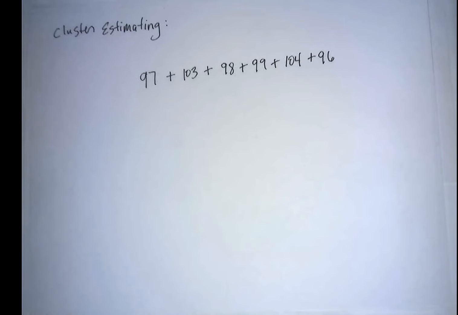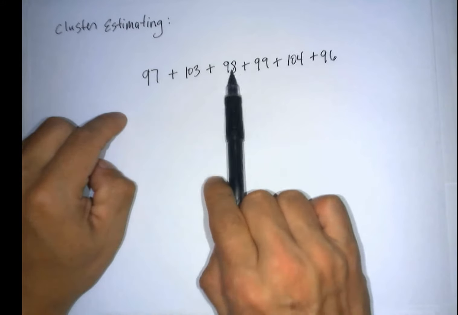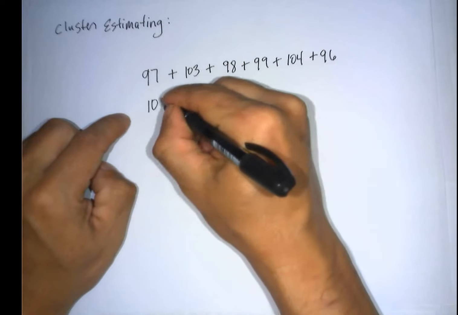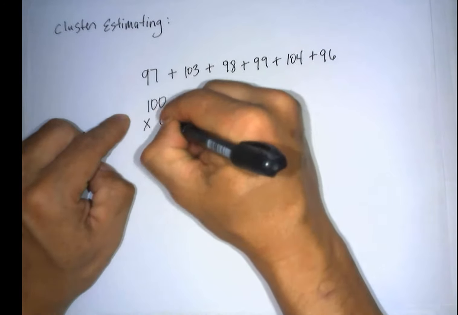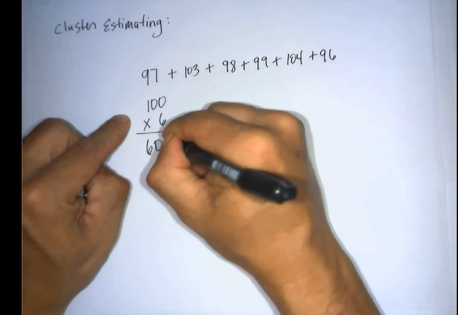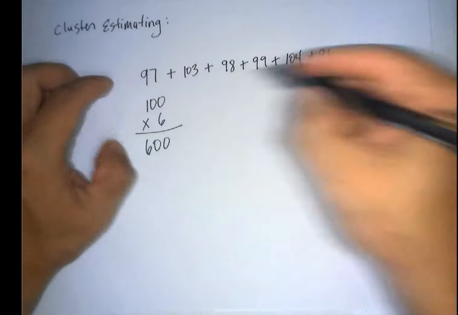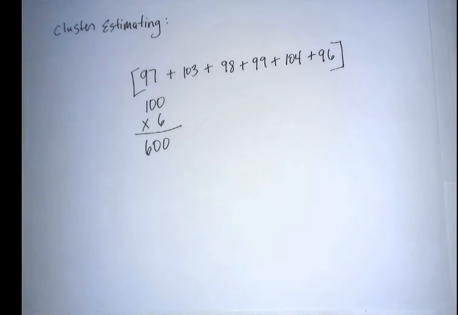All of them round to 100. So instead of adding 100, 100, 100, 100, 100, 100, you could just say they all round to 100, and there's 6 of them. So if you see them all clustered together like this, and there's a bunch of sums where they're relatively close together, you can estimate this way as well.